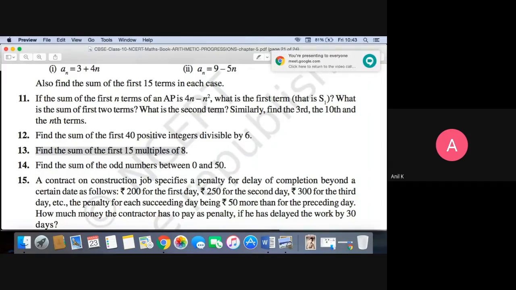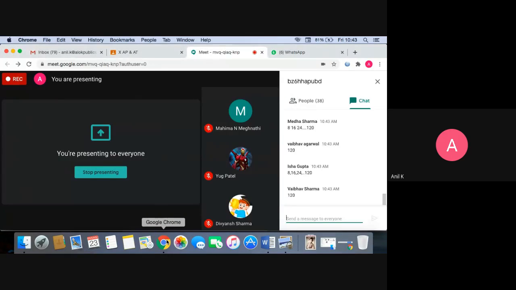Next is find the sum of odd natural numbers between 0 and 50. So what is the AP here? Odd natural numbers. 1, 3, 5, 7 till 49. Yes, correct. So you have to find how many odd numbers will be there between 0 and 50.